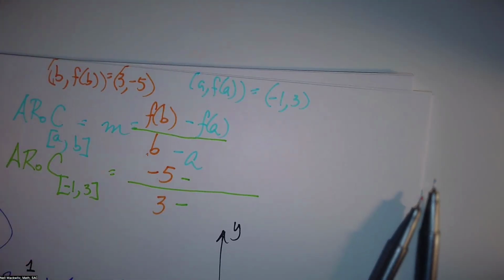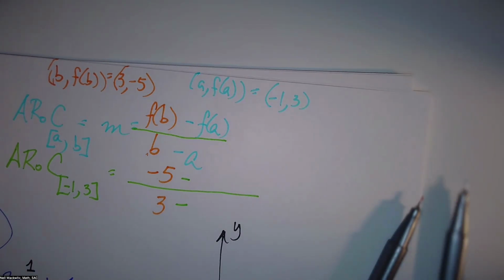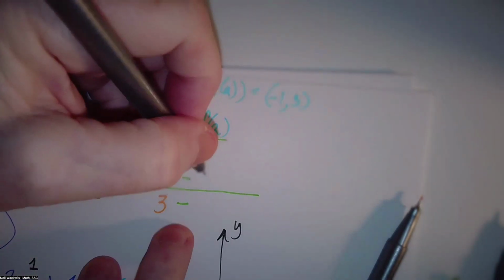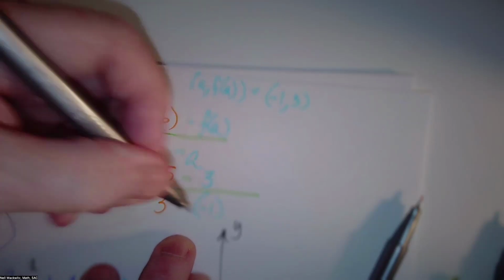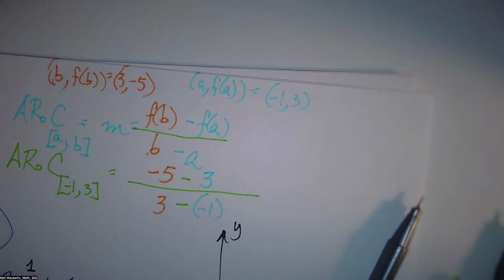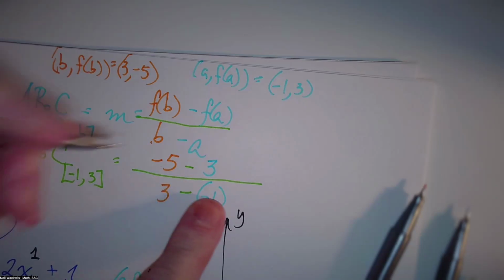We said the f of a was 3, and that a was negative 1. Well, this is fun. We like fractions. Absolutely. Negative 5 minus 3.